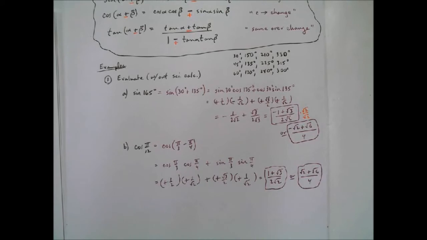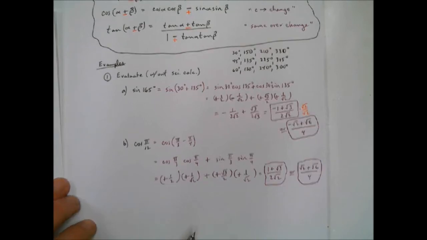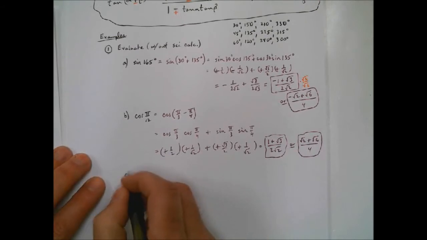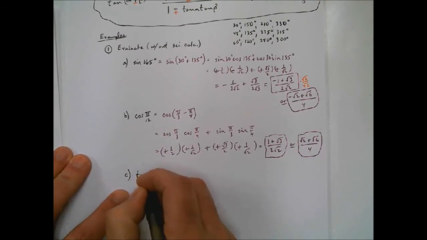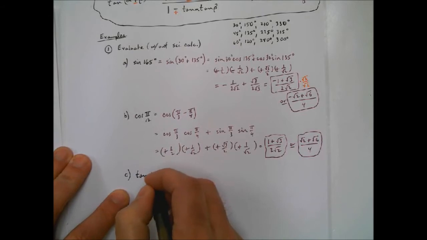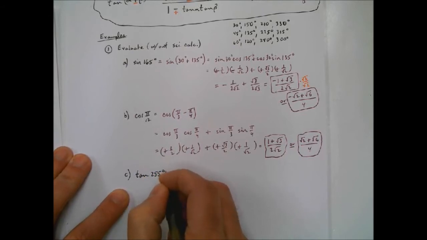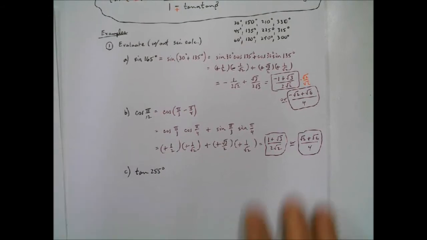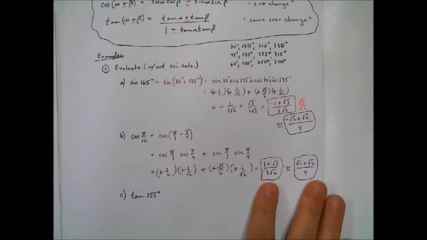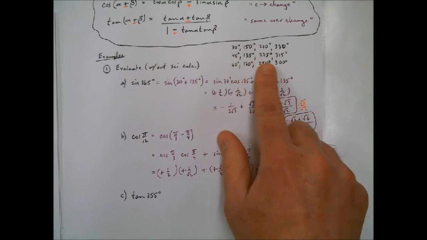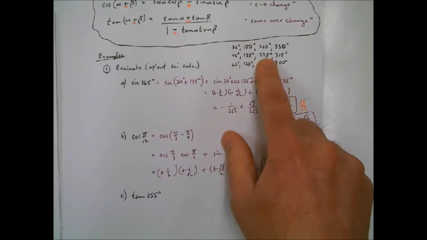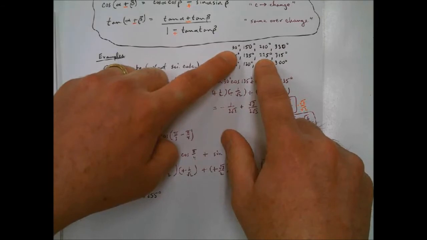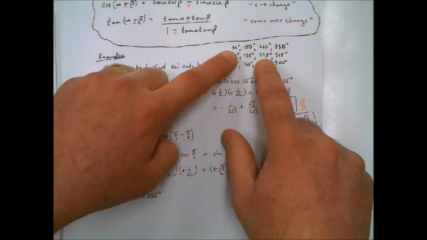Okay, let's do one more. Let's do tangent. We haven't done tangent yet. So part C, tangent of 255 degrees. Okay, so 255 degrees, so probably we're looking back up here again, and I see 225 and 30 degrees, and that would be 255 degrees.